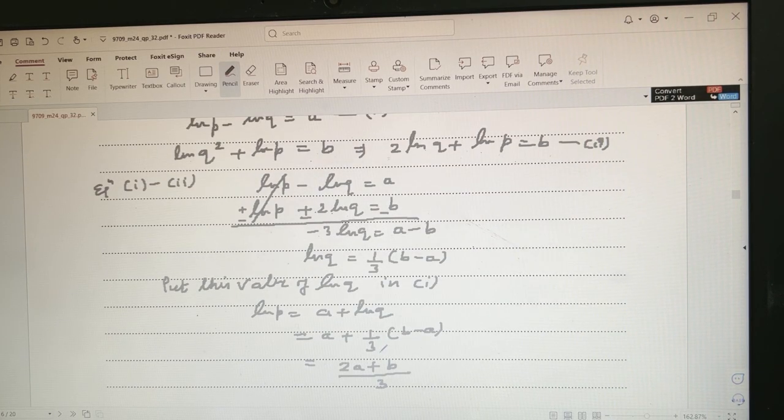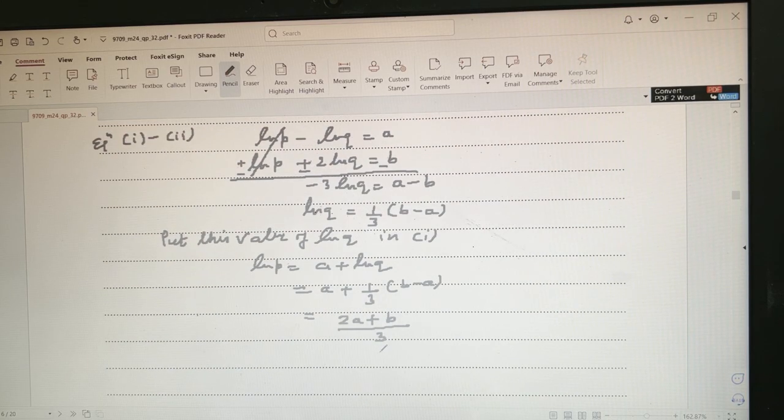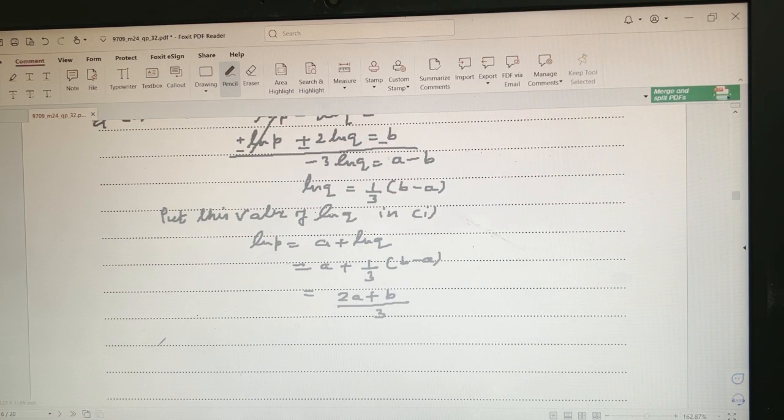Now look at the question. They're saying express ln of p to the power 7 into q in terms of a and b. So it is ln of p to the power 7 into q. This will become ln p to the power 7 plus ln q, and p to the power 7 will become 7 ln p plus ln q. So now put their values.